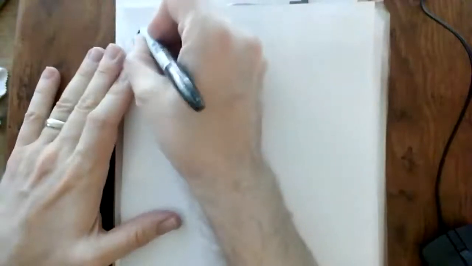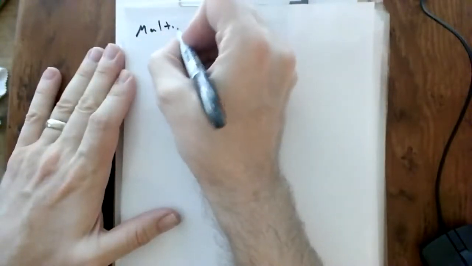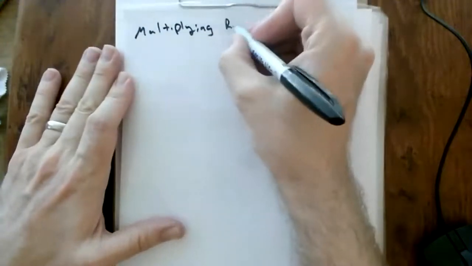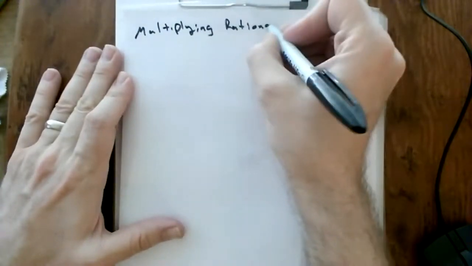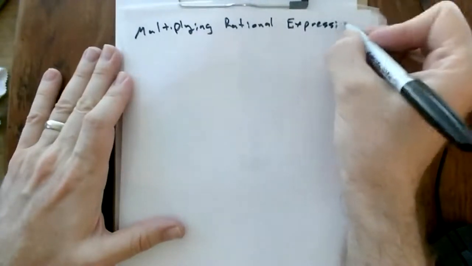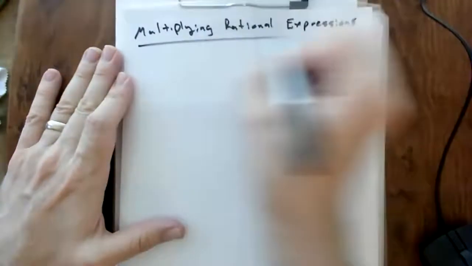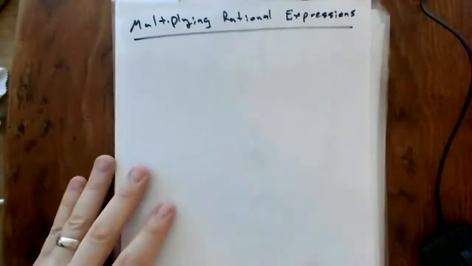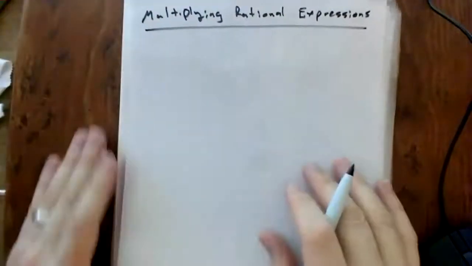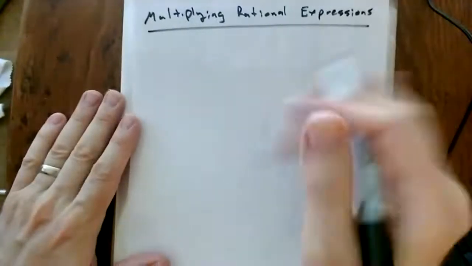We're going to be talking about multiplying rational expressions. And whenever you're multiplying a rational expression, this process follows along exactly like what multiplying any two fractions would be.